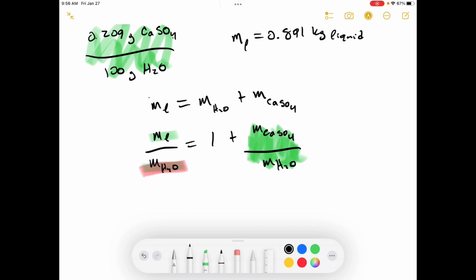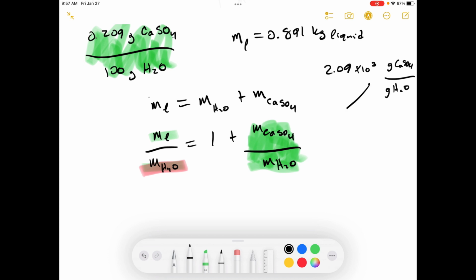that means that I'm going to rewrite this ratio so that it's on a unitless basis, just like this ratio of calcium sulfate to H2O.